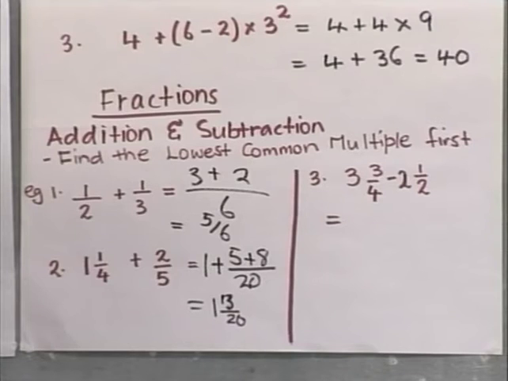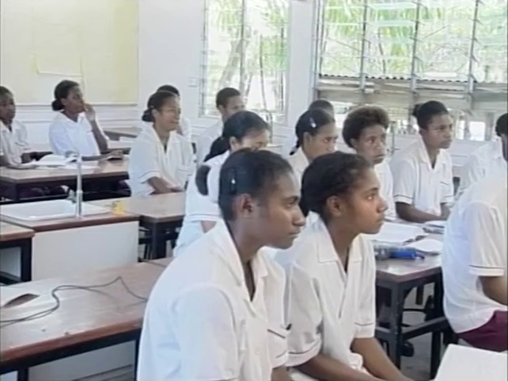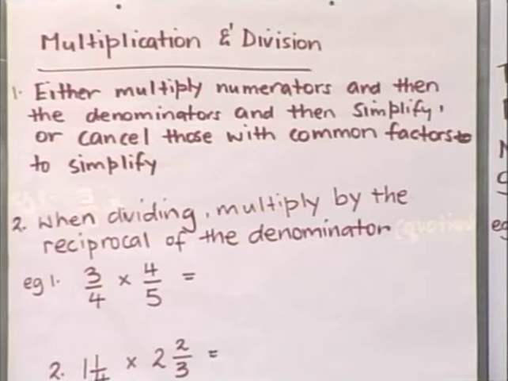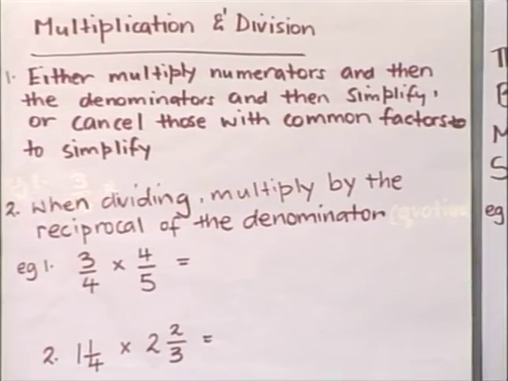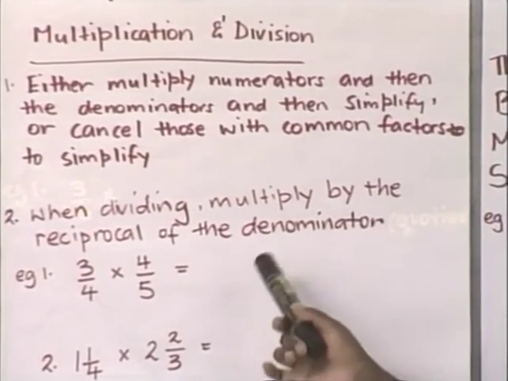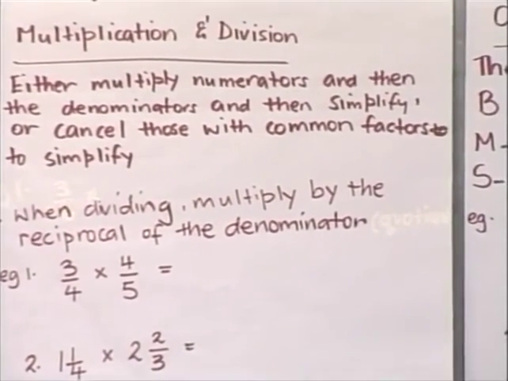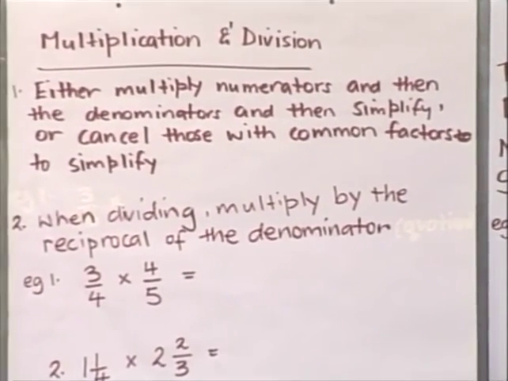Next, multiplication and division. I've just written down either multiply numerators and then the denominators and then simplify, or you can cancel or you can simplify those with common factors. Or, sorry, that's when you multiply. When dividing, you multiply by the reciprocal of the divisor.